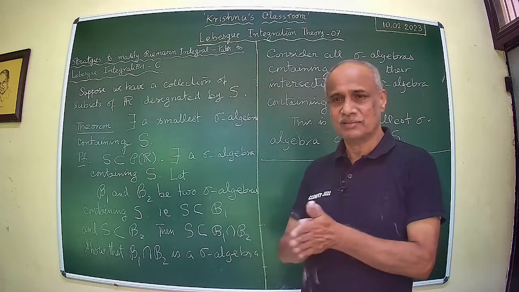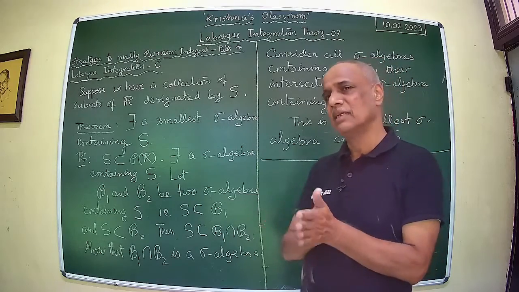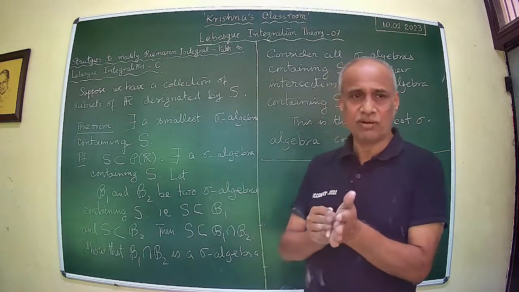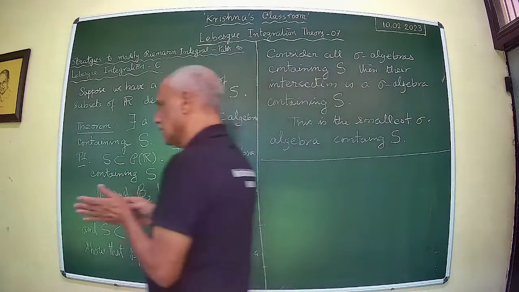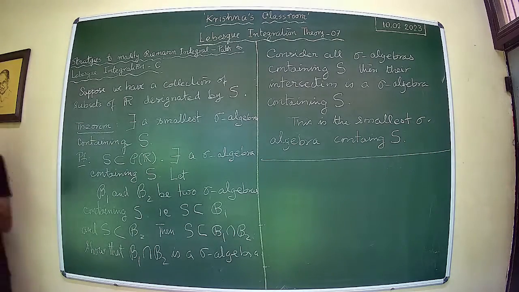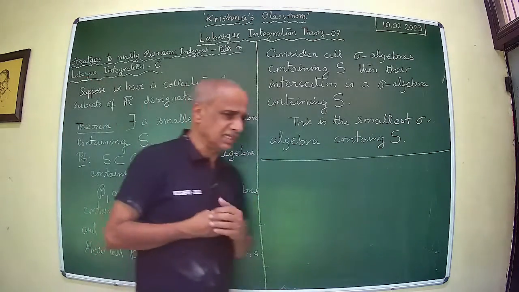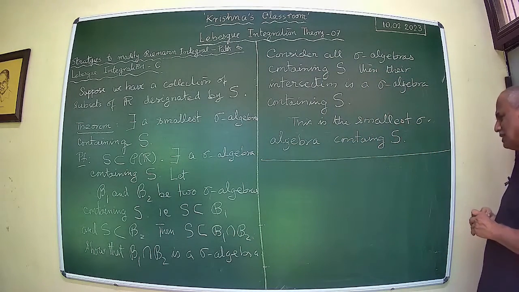Okay, right? And our objective is to define the measure for all those elements in the minimum sigma algebra that contains these open sets. Okay, right? So that's the objective.